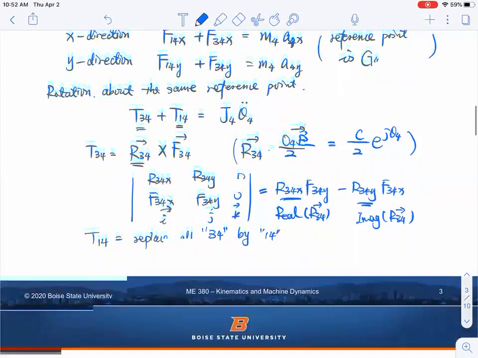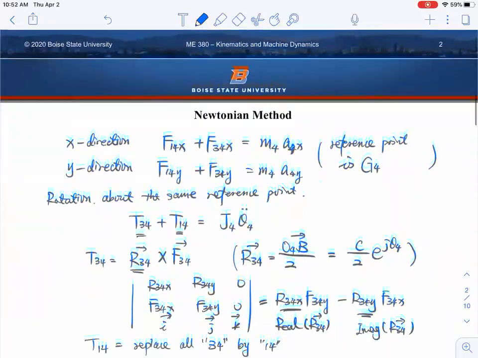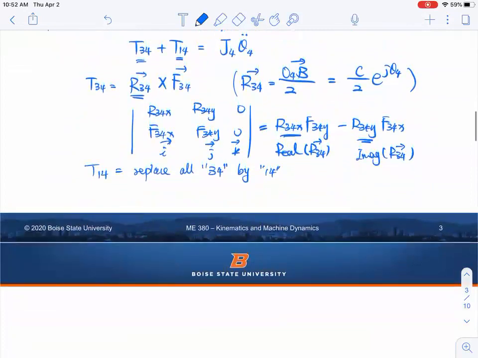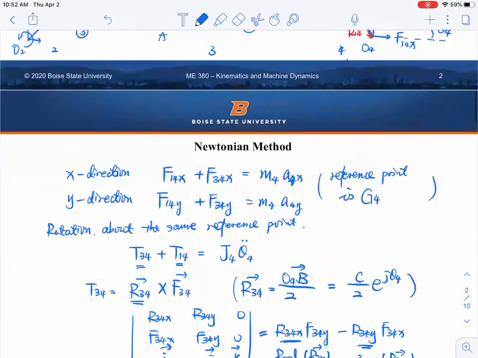Okay. So that's a very special case, and we ignore gravity. So if you want to use energy methods, you just find all the total energy of the system, right?